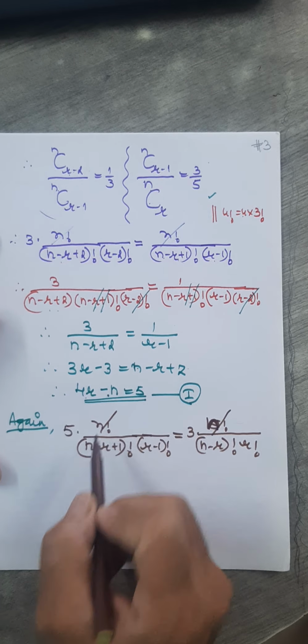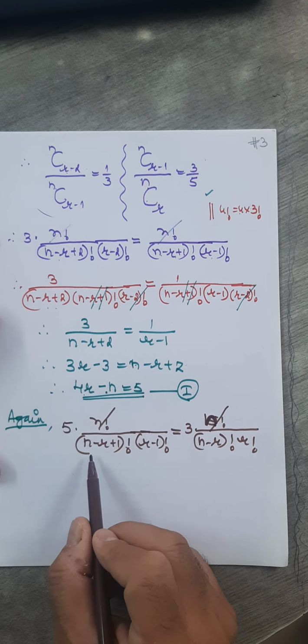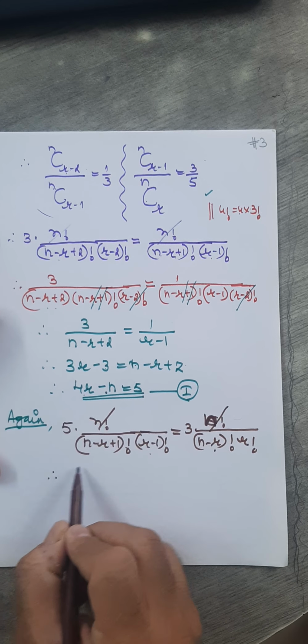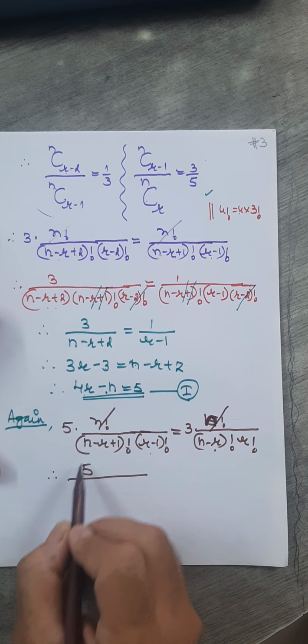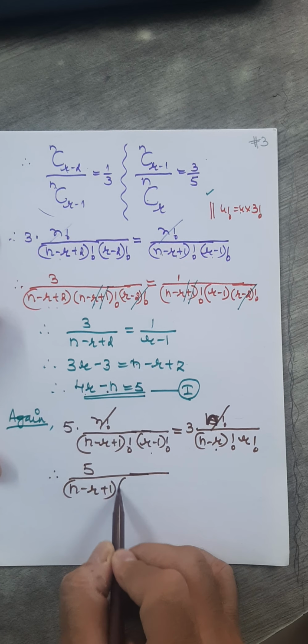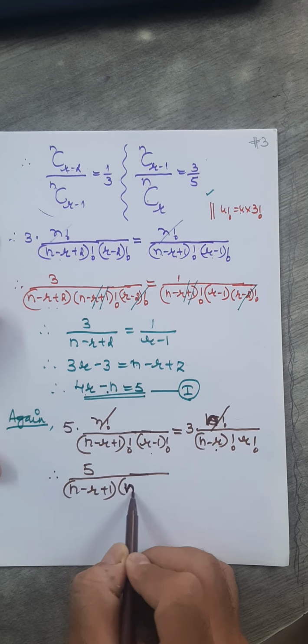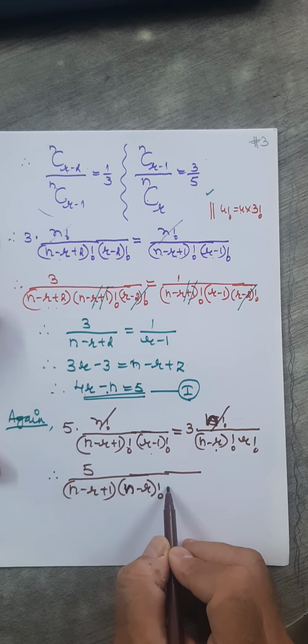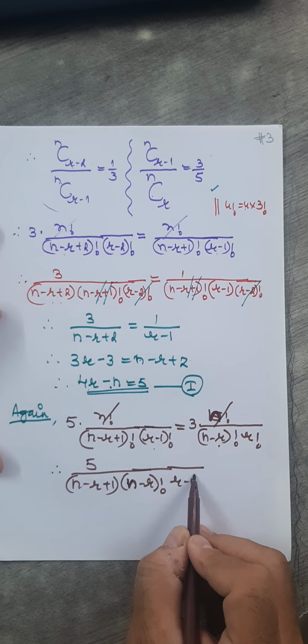This n factorial will get cancelled. This bigger one you can express in this. So 5 as it is here, n minus r plus 1, do 1 less, that is here n minus r factorial. This one we keep as it is here.